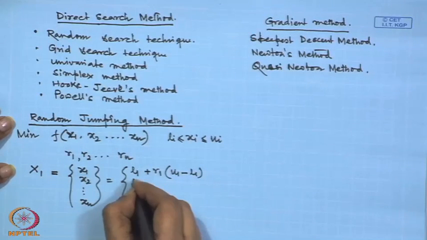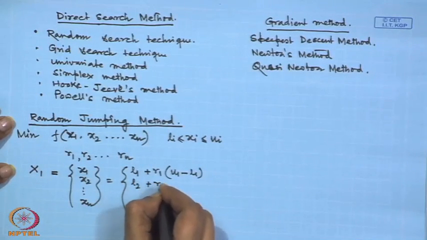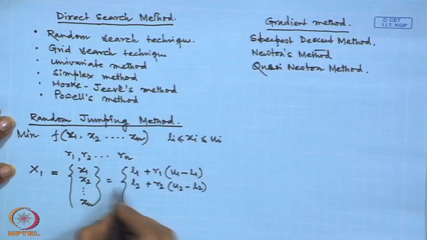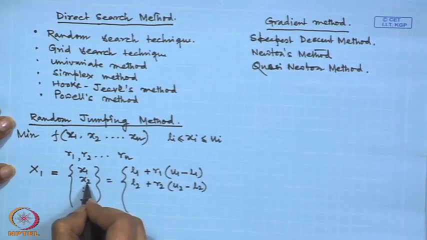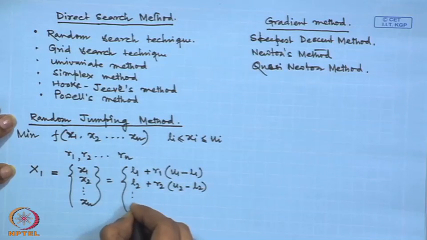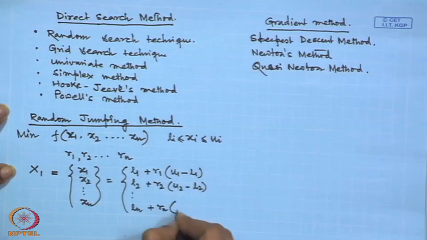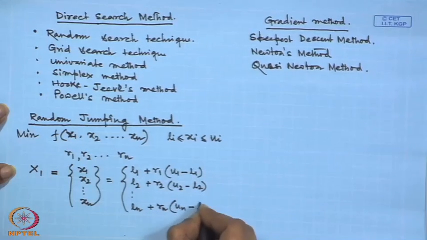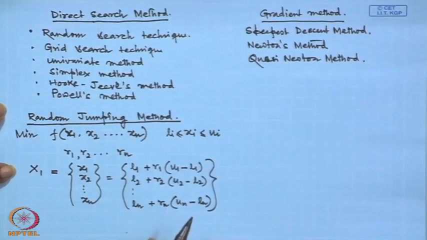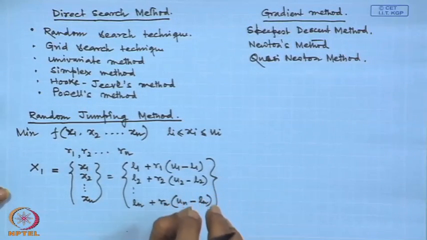The second number is L2 plus R2 into U2 minus L2, where L2 is the lower limit for x2 and U2 is the upper limit for x2. Similarly, I can go for xn as well, Ln plus Rn into Un minus Ln. With this, we will generate a number.